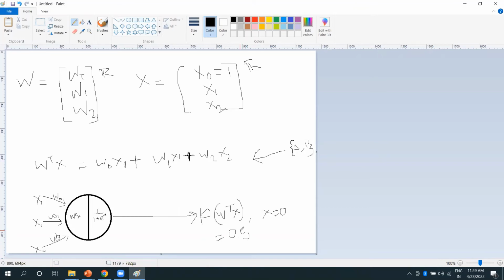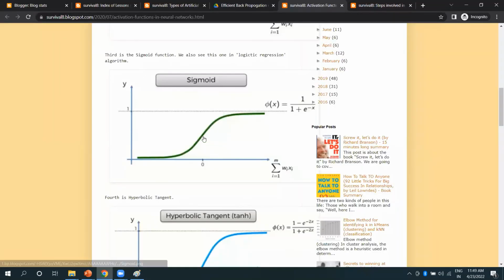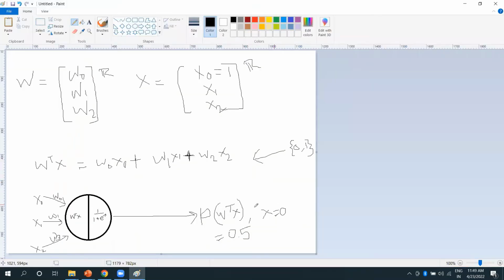From this graph, this is the sigmoid function, and at x equals 0 this point is 0.5, right? This is 0.5.